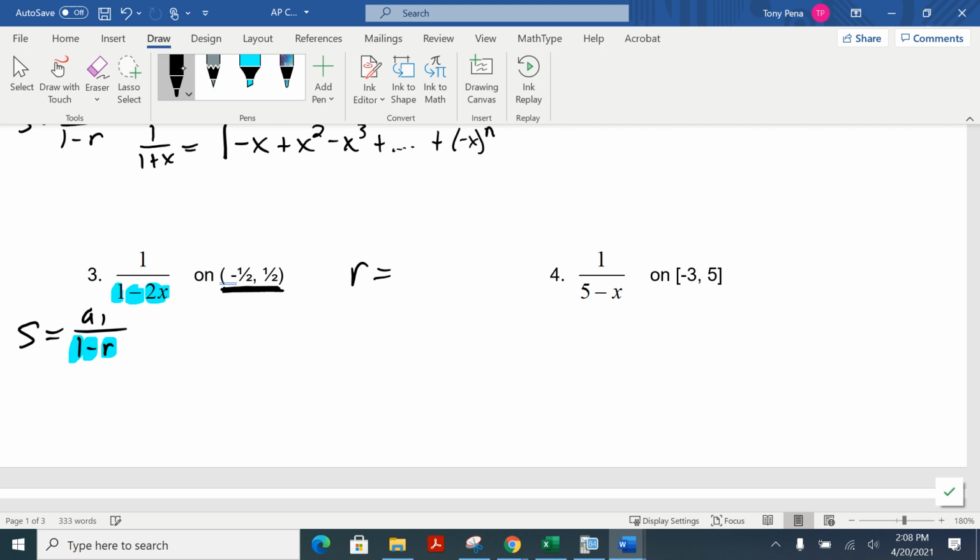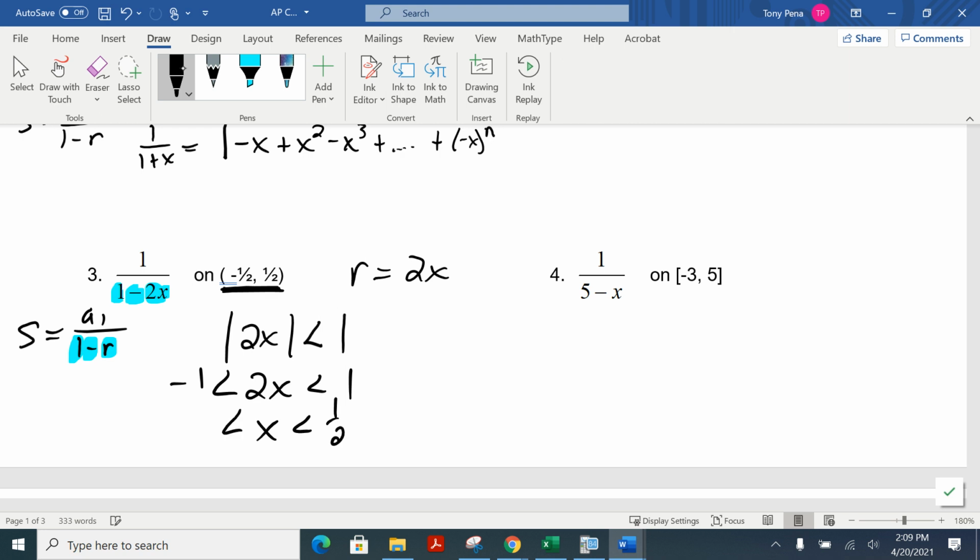Well, if my ratio is 2x, I know then that this geometric power series, as long as this stays less than a 1, we should converge. So if we set up this old absolute value inequality, that's why our interval of convergence, where this would produce, if we write out all those terms, this graph, as long as we stay within this little window here.